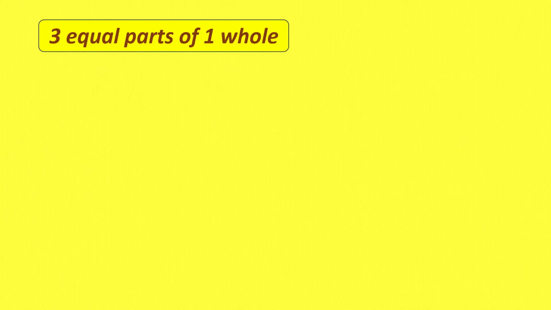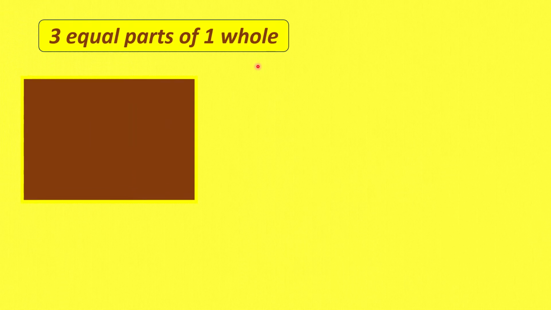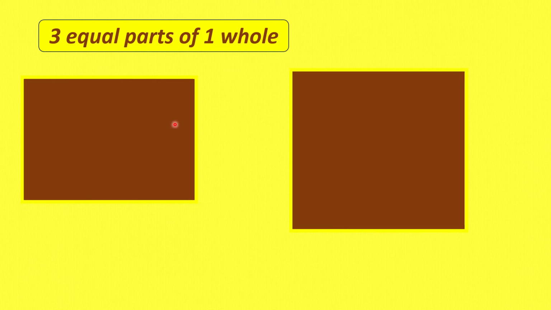Okay, so it's about three equal parts of a whole. We properly understand it from these images. Just recall the particular name of that shape. Look at the next image and just guess their names.